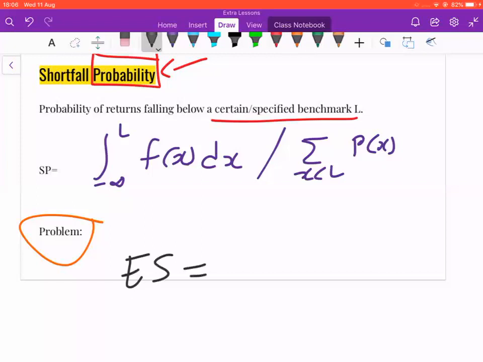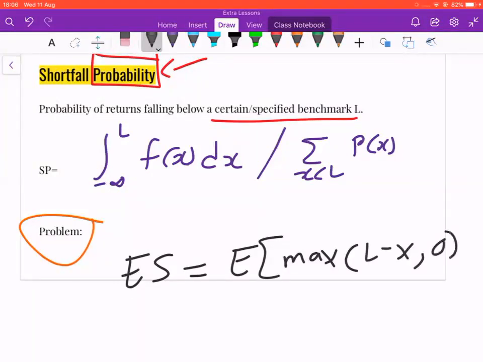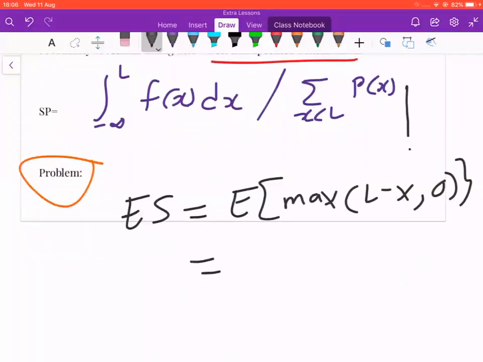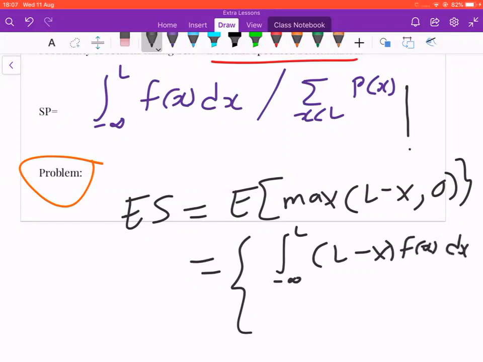It's going to be the expectation. In the book, I think they wrote it like this: the maximum of L minus X and 0, right? Or in other words, if you want to write it in terms of continuous, it is the integration from negative infinity to L of (L minus X) f of X dx.